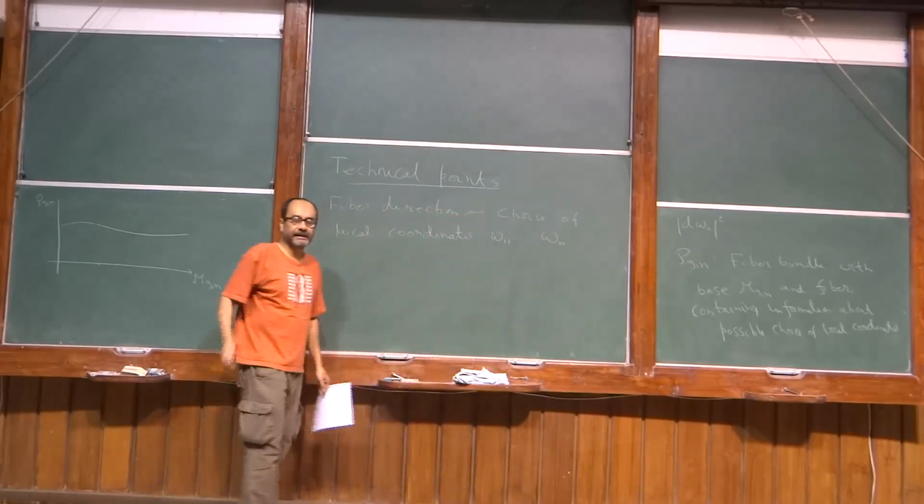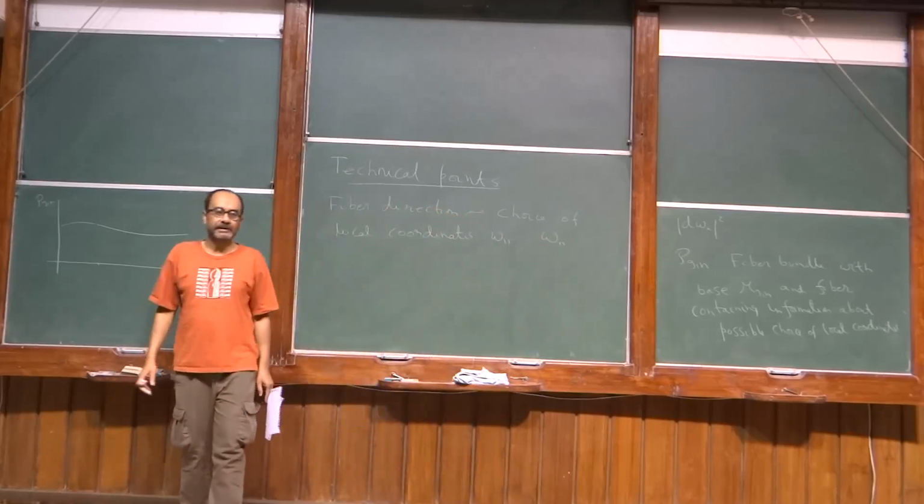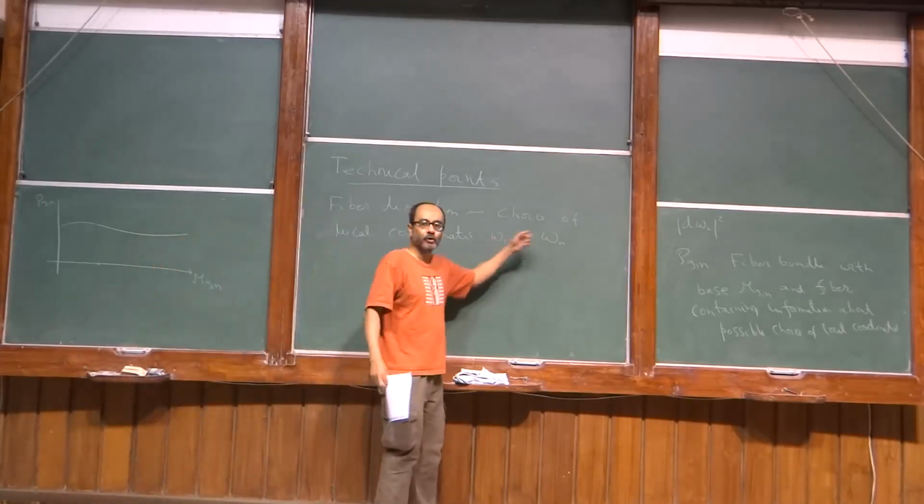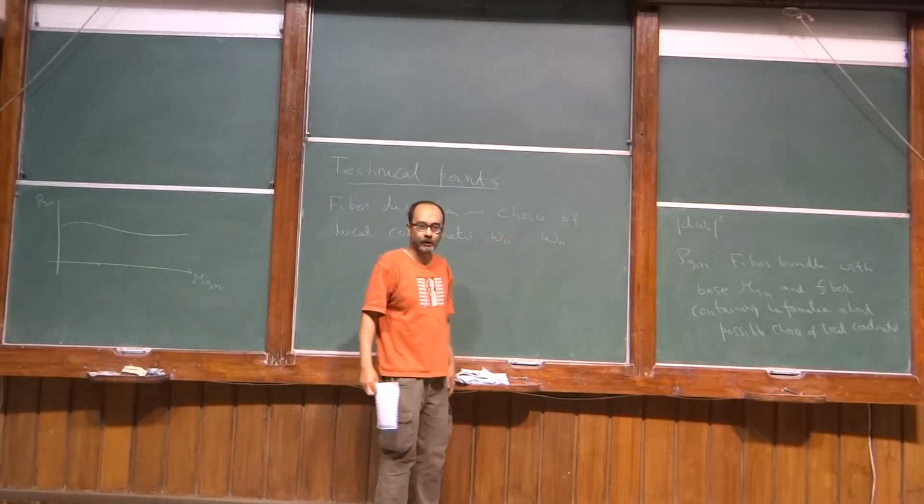Or equivalently, we can say if you have a fixed coordinate system z on the Riemann surface, then it's a choice of the functions that relate the w's to z's. Okay? That's what we mean by choice of local coordinates.